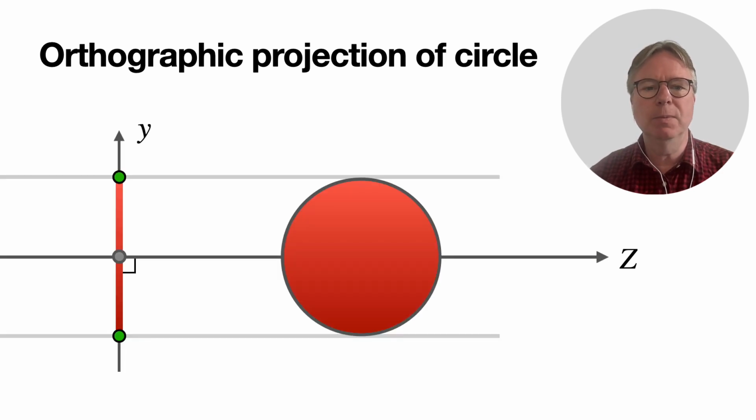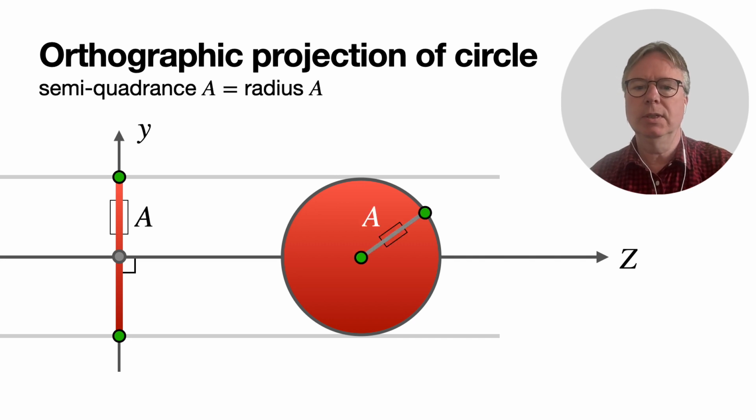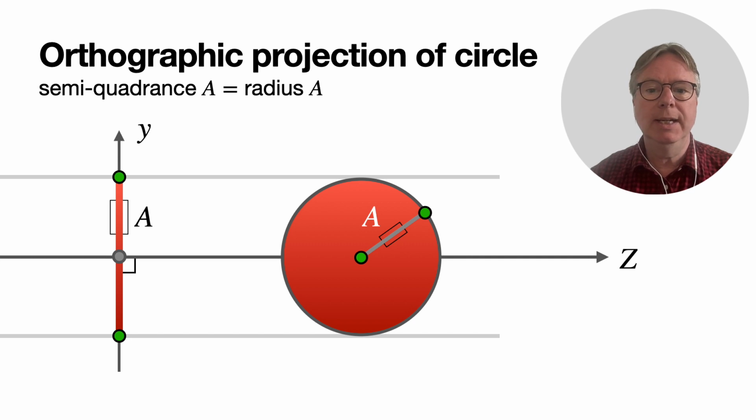And today I'm making it even simpler, because we're going to project from 2D to 1D. In this case it's a circle, and it projects on the line Y on the left as that red line segment. If you remember, the circle has a radius expressed as quadrance A, and it simply projects on the left as that line segment.